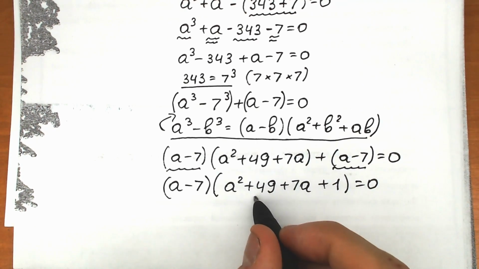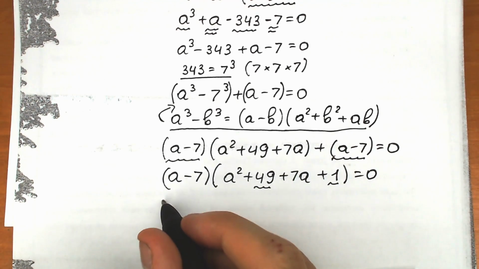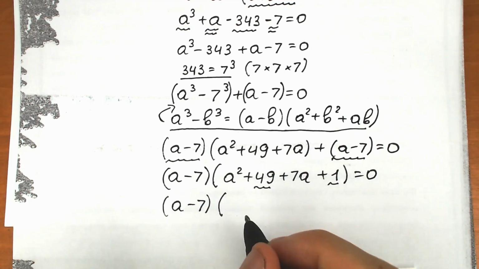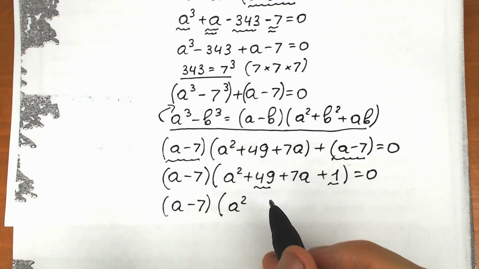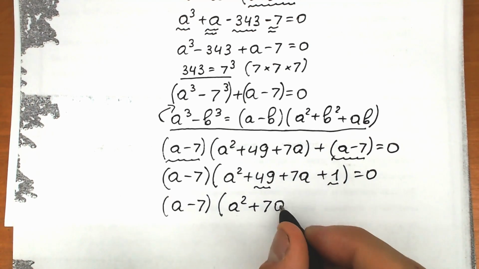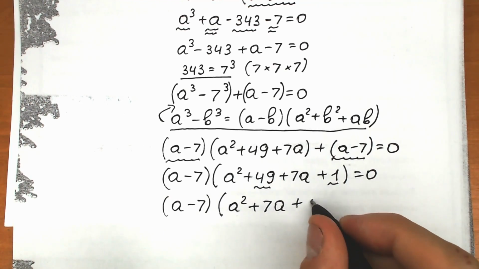We can add 49 and 1, so as a result we have a final expression: a minus 7 right here, and in another parentheses we have a square. Let's change the order a little bit and write it as a quadratic equation: a square plus 7a, and plus 49 plus 1, which is 50.